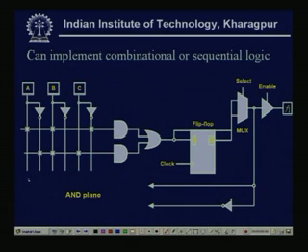So, this is my AND plane and the 3 input variables: A bar, B bar, C bar. And the outputs of the 2 AND gates are A B C bar and A bar B C.